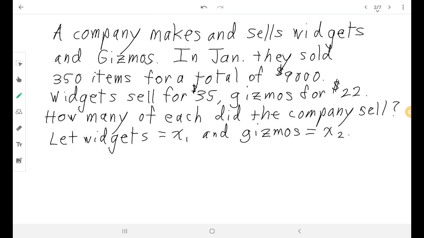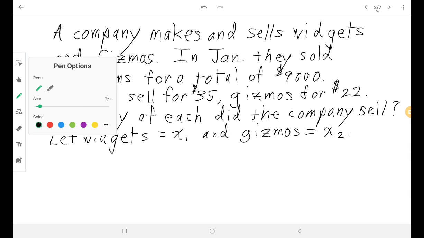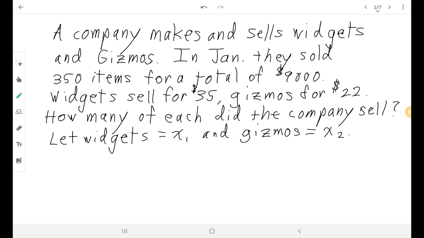So in order to do this, one of the first things that we have to do is just write down the system of equations that tell us stuff, okay? So the first thing we know is that if we put widgets and gizmos together for the month of January, we sell 350 of them, okay?